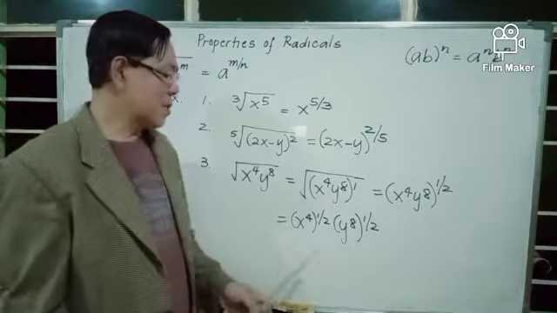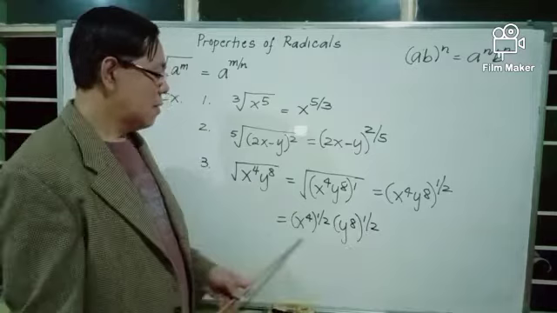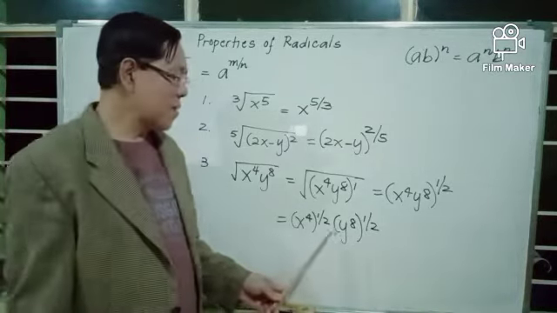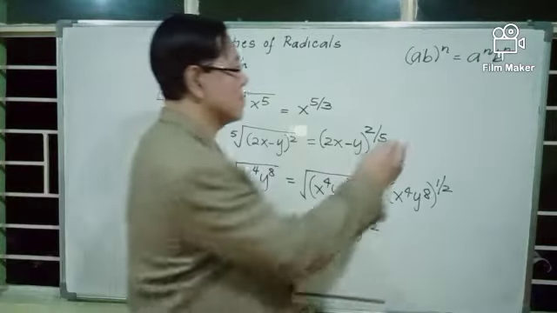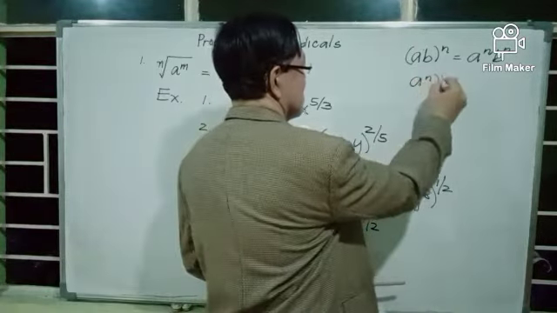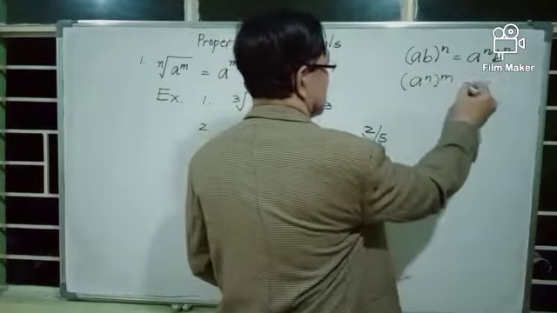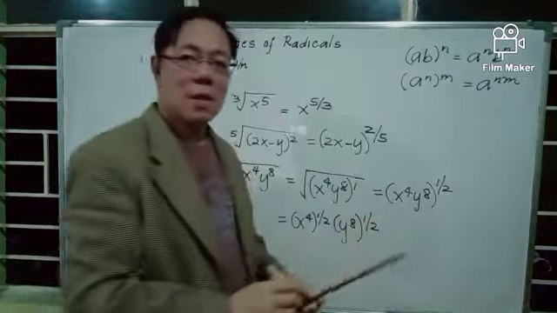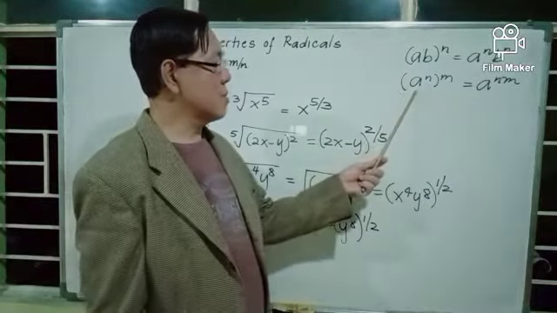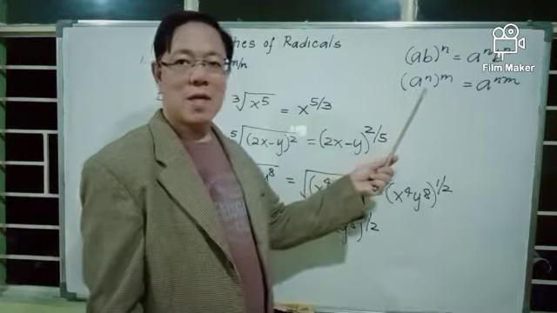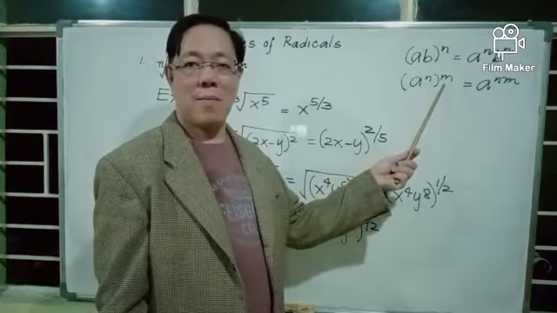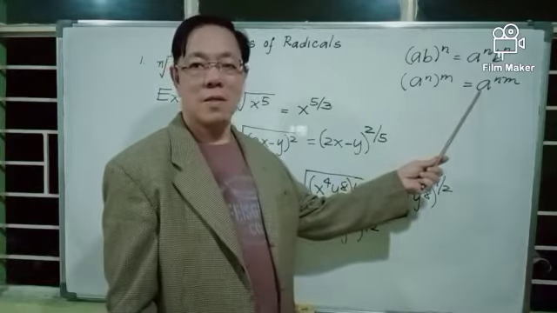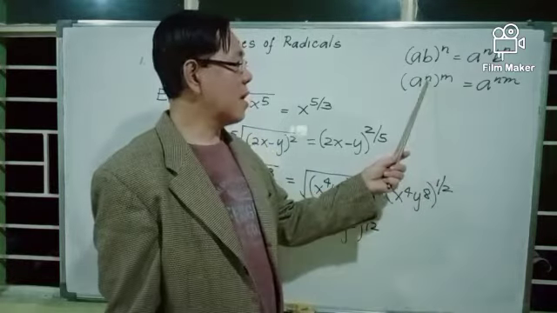To simplify further each of these factors in this product, we apply another property of exponent that says if an exponential notation a to the n is raised to another exponent m, a to the n raised to m is equal to a raised to the product of n and m.